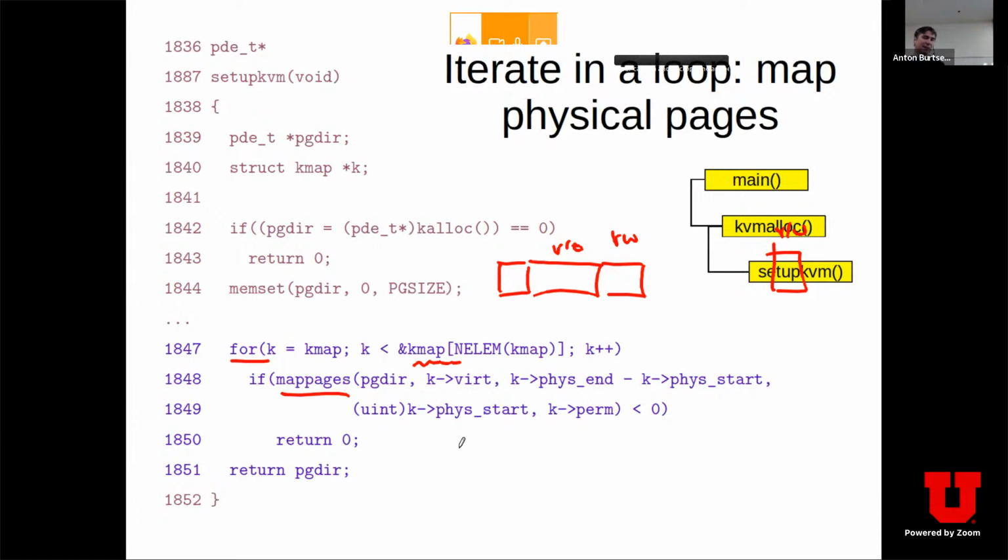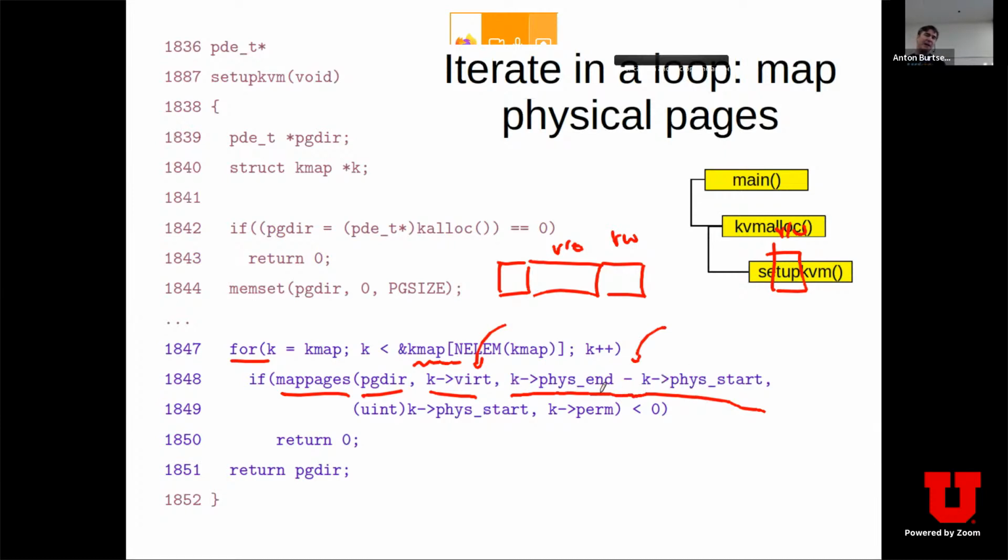And so we say, look, for all these entries in this kernel map, we're going to map the pages, do this mapping into this page table, starting from the region's virtual address. This is the region virtual address start, and this is the region physical address start, right?